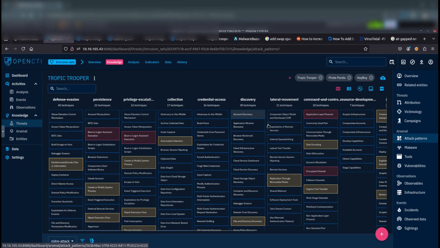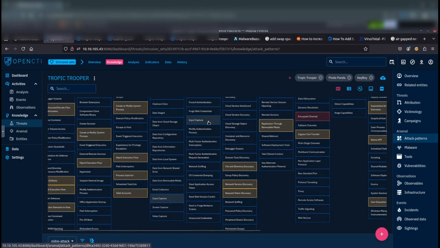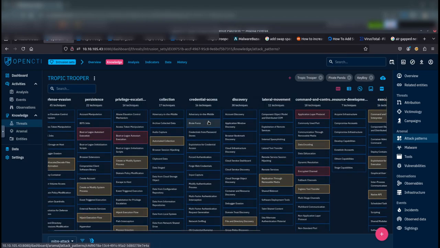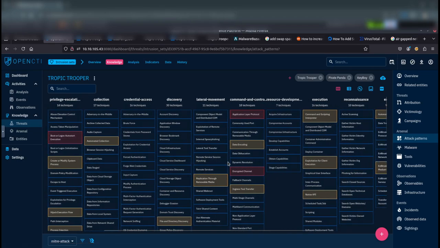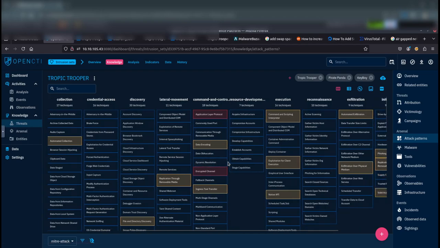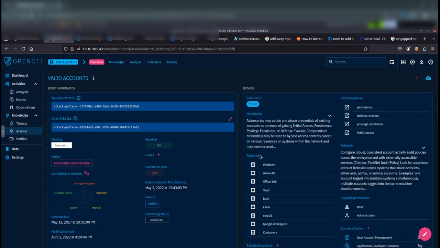We have sub-technique used on the valid, credential access. Discover. Selection. Valid accounts.